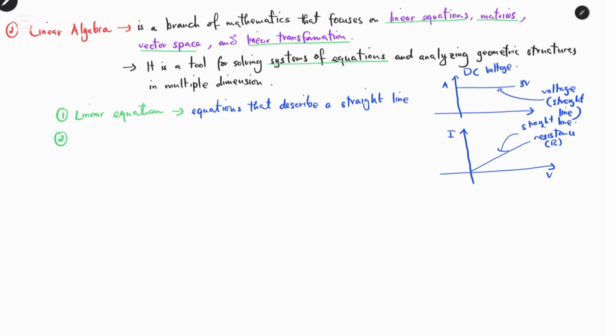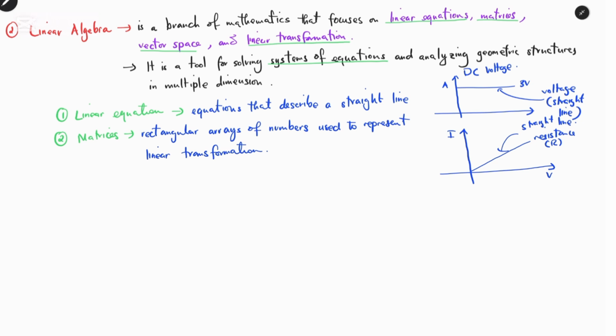And secondly, it talks about matrices. So what is a matrix? A matrix is a rectangular array of numbers used to represent a linear transformation. What do we know about arrays of numbers?